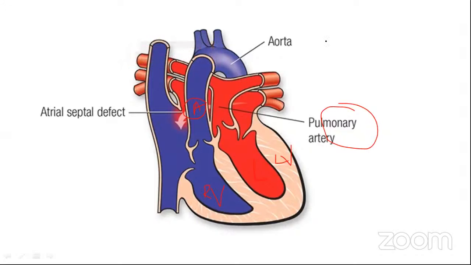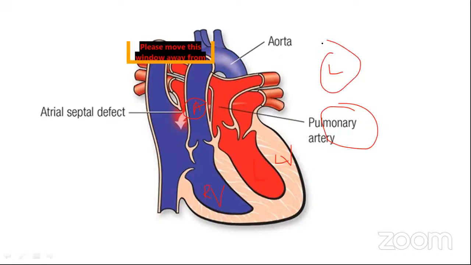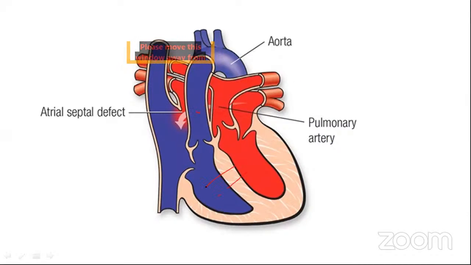Any idea about the types of TGA? No. Okay. So there's something called DTGA and LTGA. LTGA is called congenitally corrected transposition of great arteries, CCTGA. That will not have cyanosis. Along with these two vessels being interchanged, the LV and RV are also interchanged.